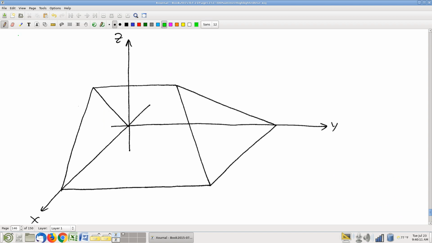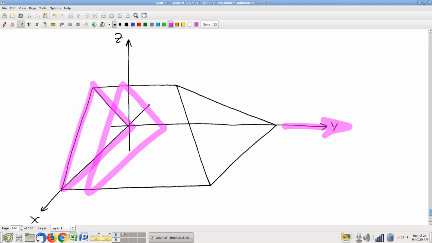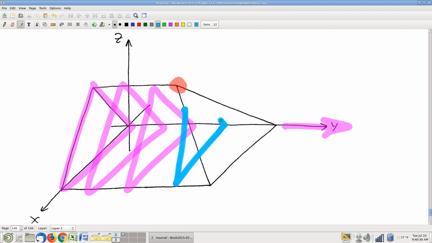So let's try slicing perpendicular to the y-axis first. So our y slices look like this, which is all well and good until you get to that corner. Don't slice through the corner, because look at what happens after that corner. Your slice is qualitatively different, right?